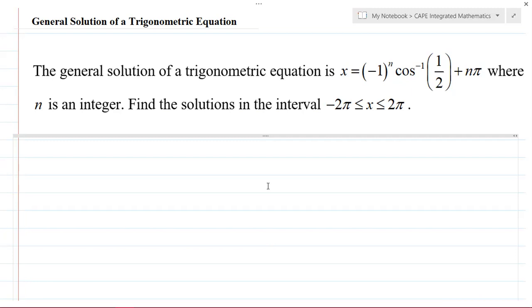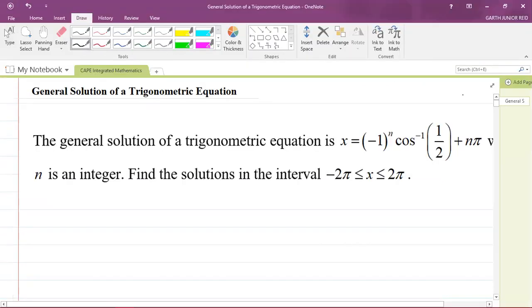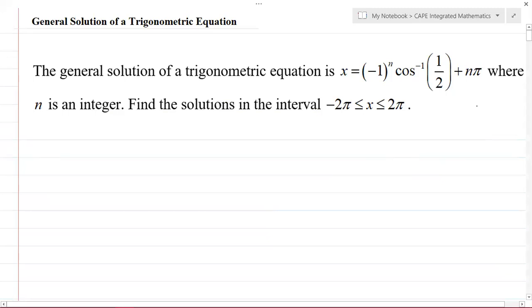You have to know what a general solution is and what its purpose is. If you recall, you were given some trigonometric equation, say for example an equation like 2 sine theta plus 1 equals 0, and they tell you that the values of theta lie between negative 2 pi radians and 2 pi radians.